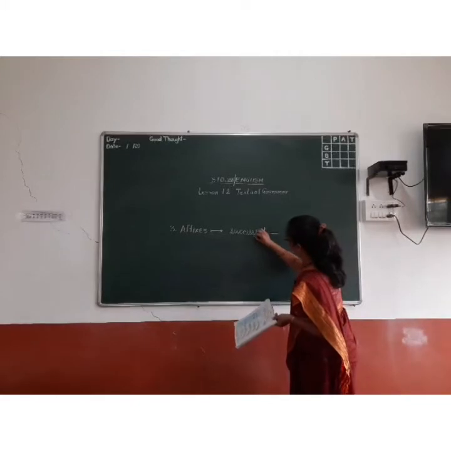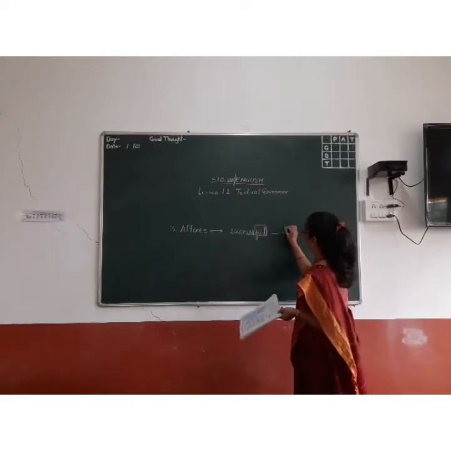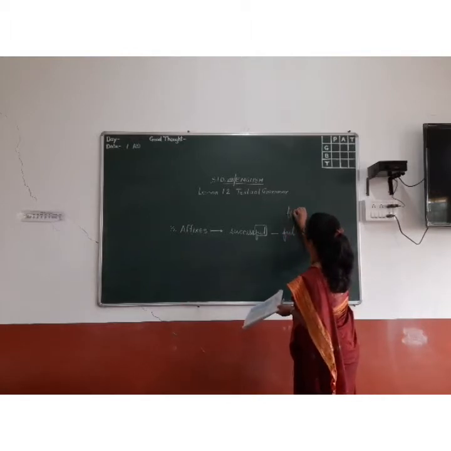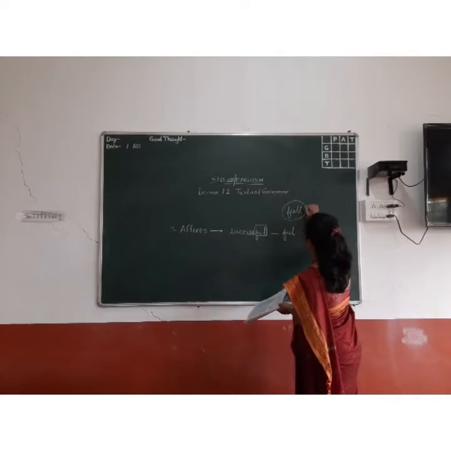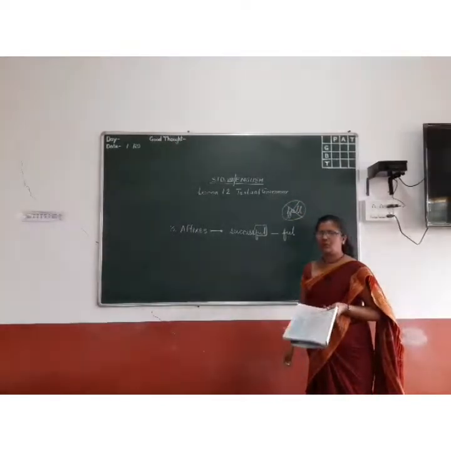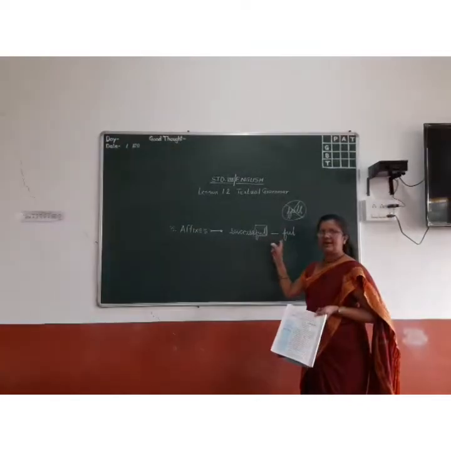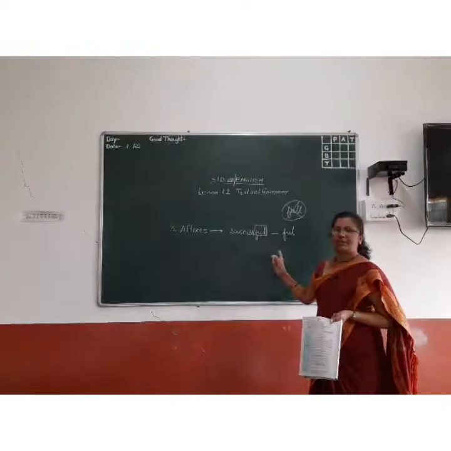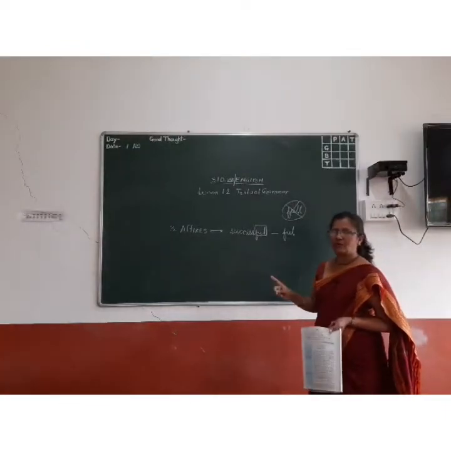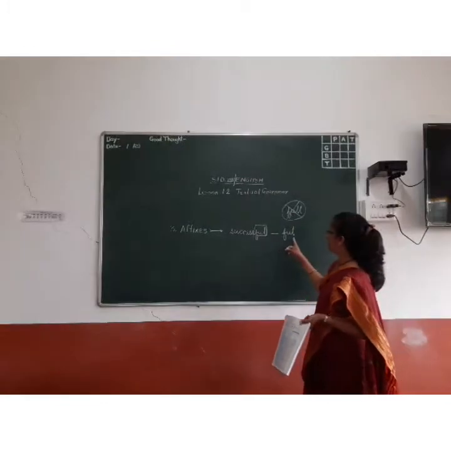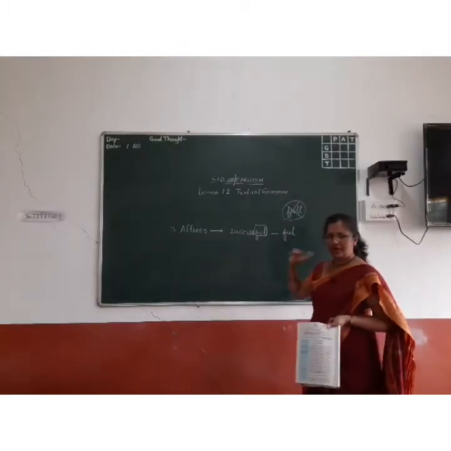Here F-U-L, that is "ful", it's not F-U-double-L, do remember. Many students make this mistake while writing these types of words with "ful". They write F-U-double-L. It's not F-U-double-L, it's a suffix and carries only 3 letters, that is F-U-L.